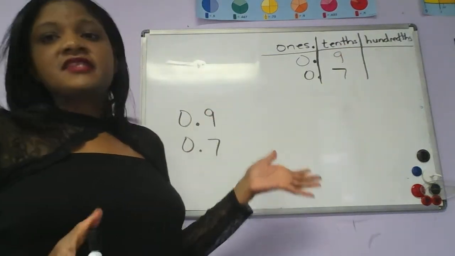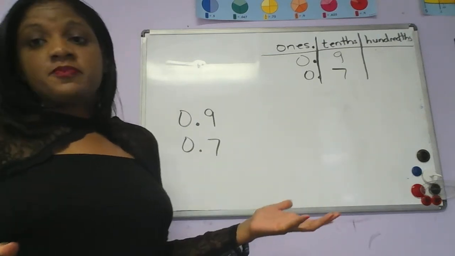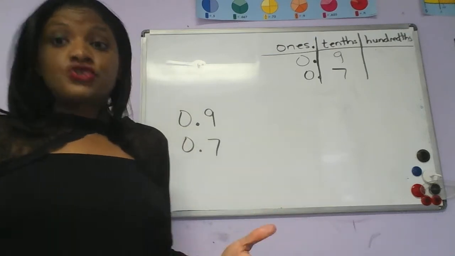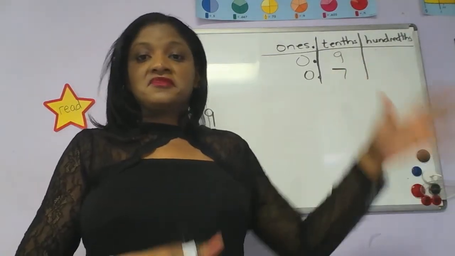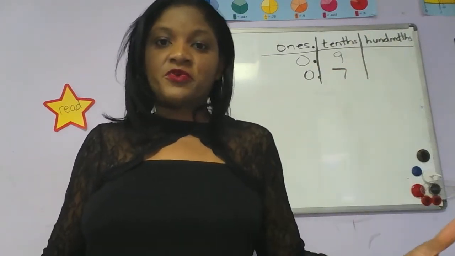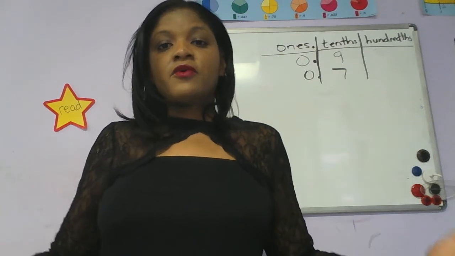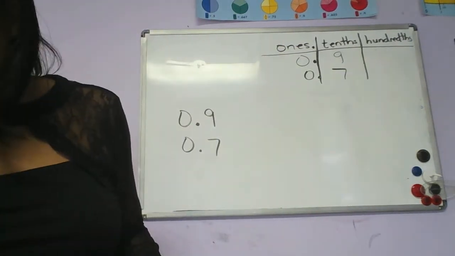We can clearly see that 9 in the tenths place is greater than 7 in the tenths place. If you drew a model, you would clearly see that you have 7 rectangles shaded, and in the other one you have 9 rectangles shaded, which would be most of your rectangle, and that would clearly be the greater one.